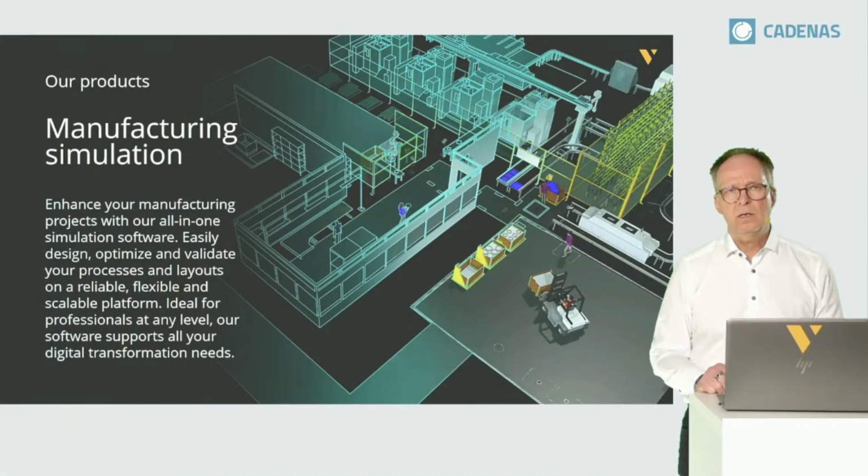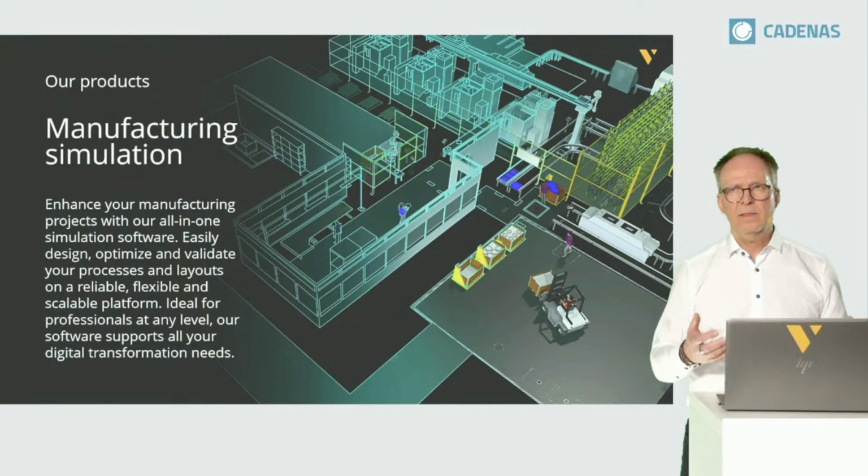So we can solve a use case coming from most manufacturers, where you have a material flow, where you will build up a factory layout from your whole factory or only from simple cells.